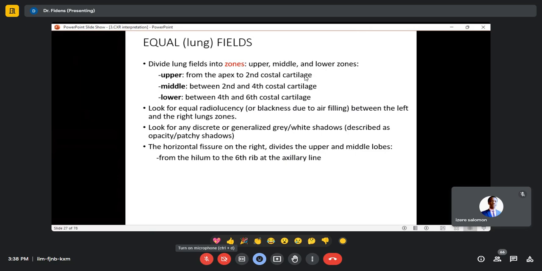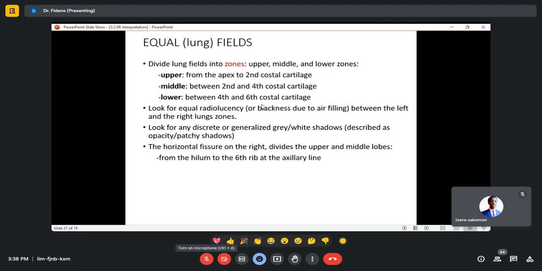The middle zone is between the second anterior rib and the fourth. The lower zone is between the fourth and the sixth, the one touching the hemidiaphragm, up to the lower margin of the lung.